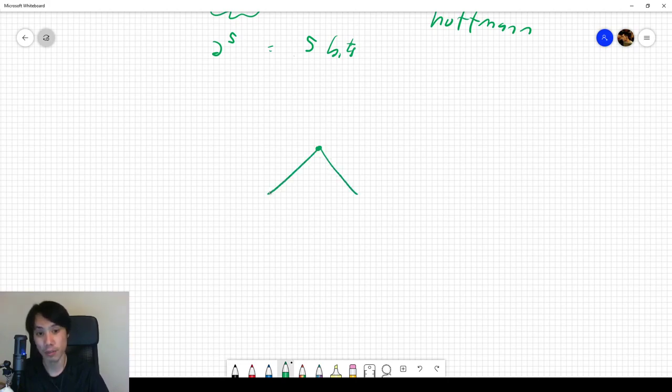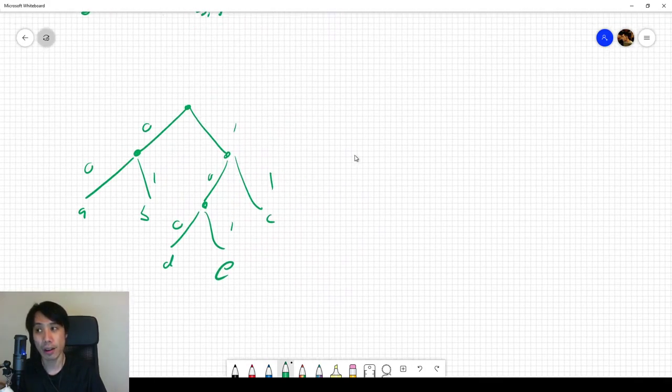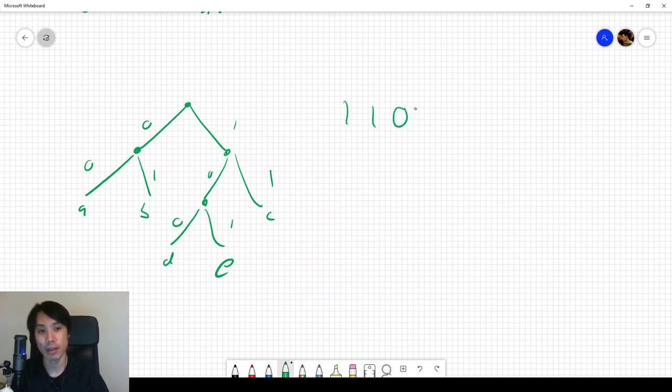So if I were to build a tree here, with 0 and 1 branches, and let's say I put a few alphabets: A, B, C, D, E. Let's say I give you a lot of bits, 1 1 0, I'm just randomly putting bits. I don't even care what it is.